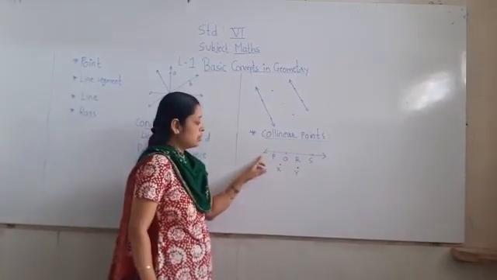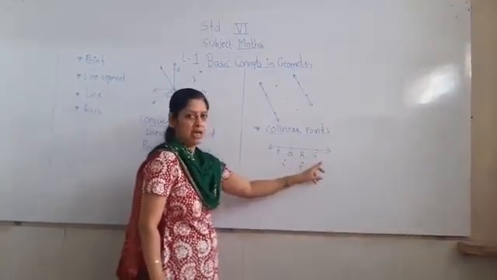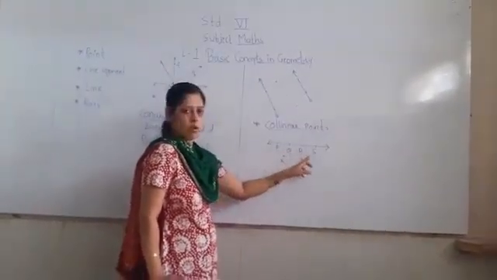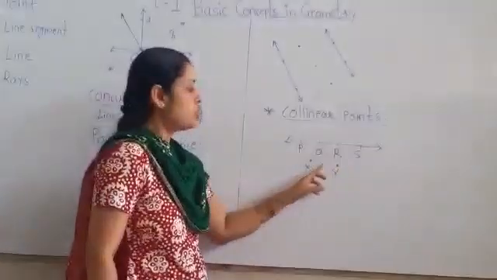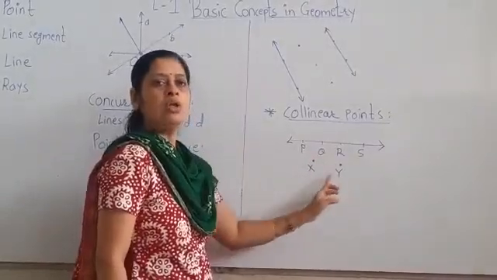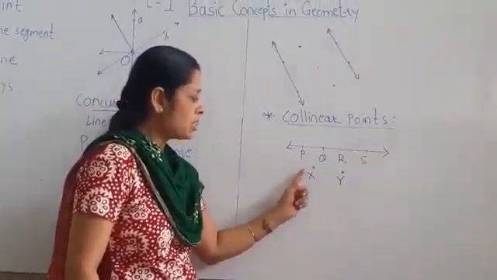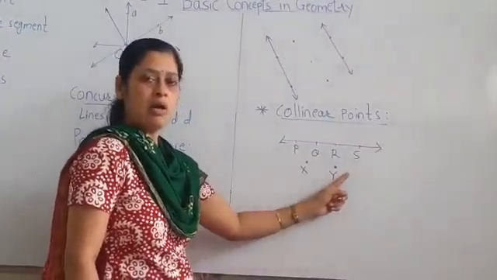So when 3 or more than 3 points lie on a single straight line, they are called collinear points. And the points which do not lie on a single straight line are called non-collinear points. Here, if we take these 2 points X and Y, they are collinear.